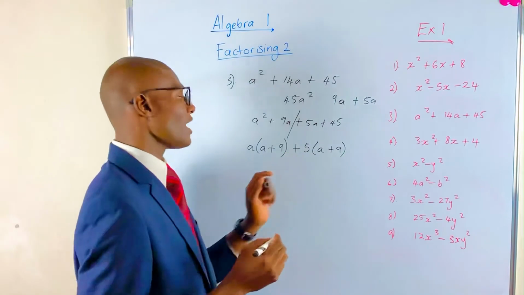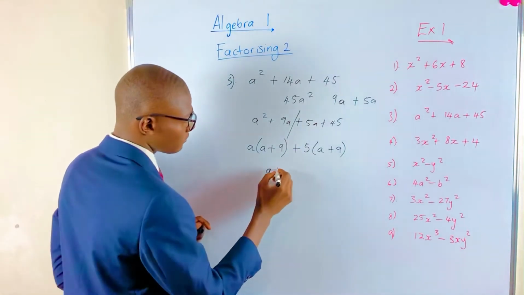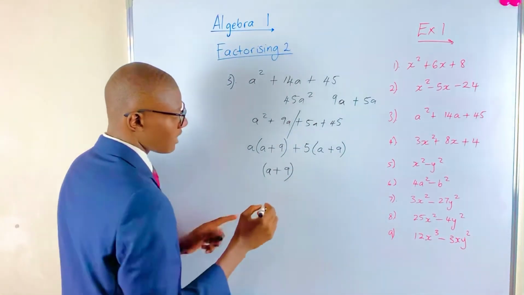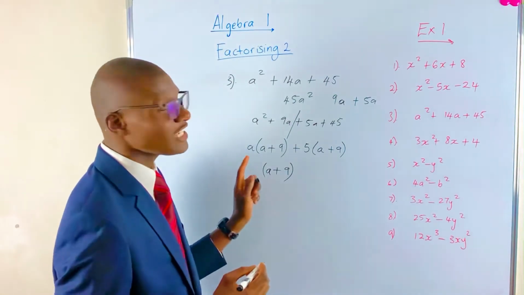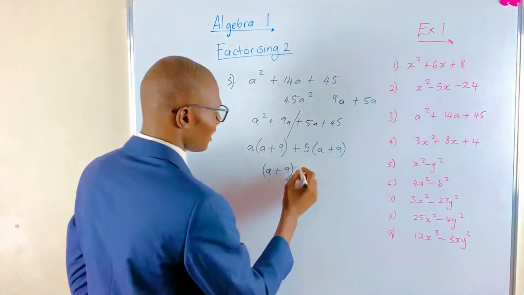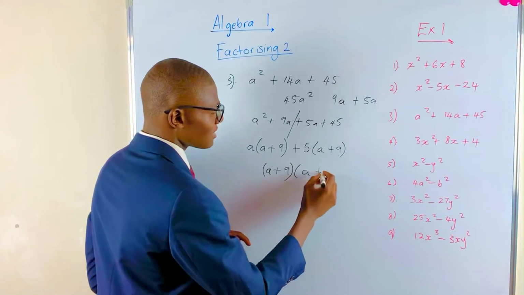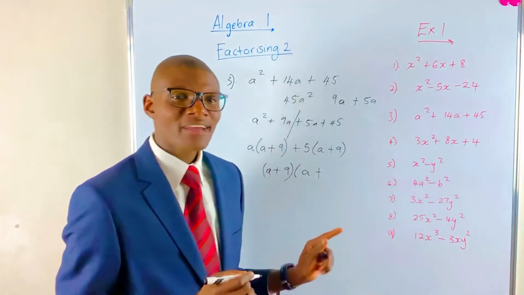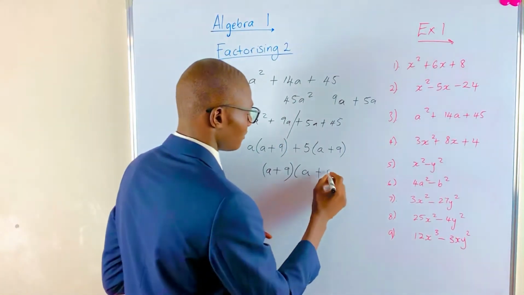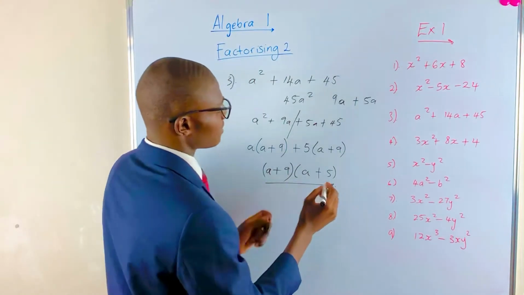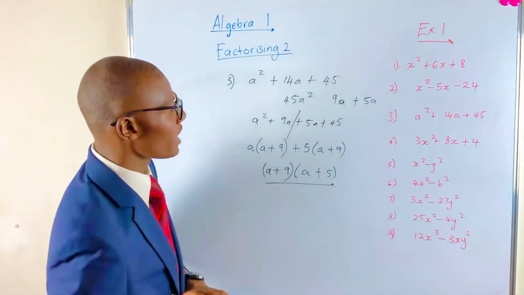So we see that a plus 9 is common. So we shall factor out a plus 9. Then a plus 9 into a times a plus 9, we get an a, plus a plus 9 into 5 times a plus 9, we get a 5. So this will be the result that we get after we factorize number 3.